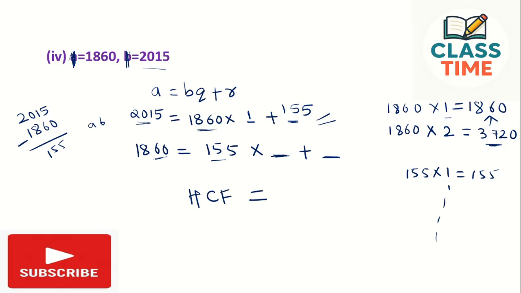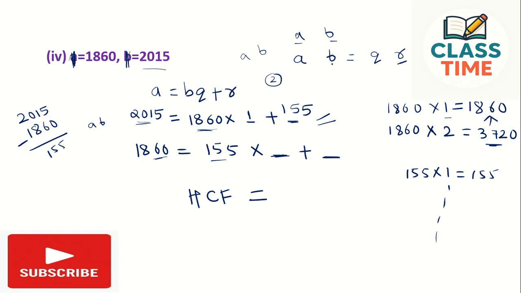Okay, so simply you need to remember: given two numbers A and B, among these two numbers, the highest number is considered as A and the smaller number is considered as B. So we need to find the quotient and we need to find the remainder. If we did not get remainder as 0, we will move to the next step. In the next step, what will be the new A and B values?